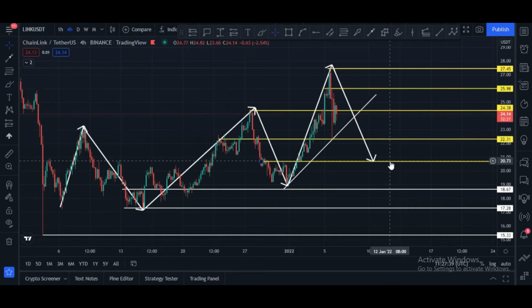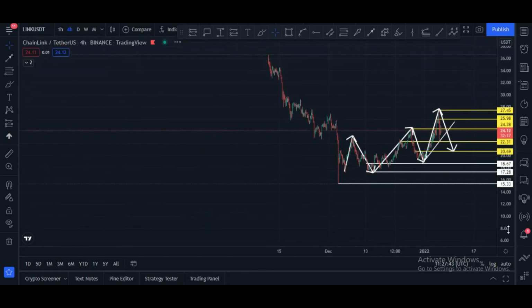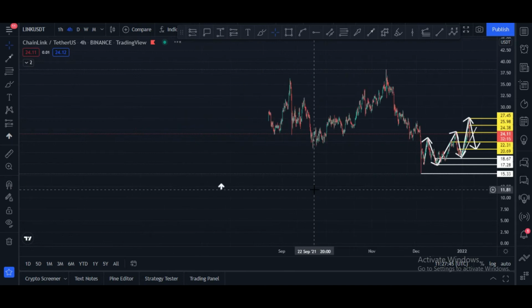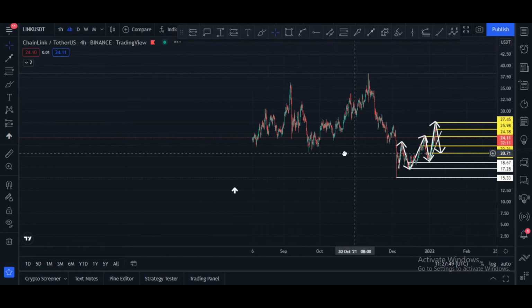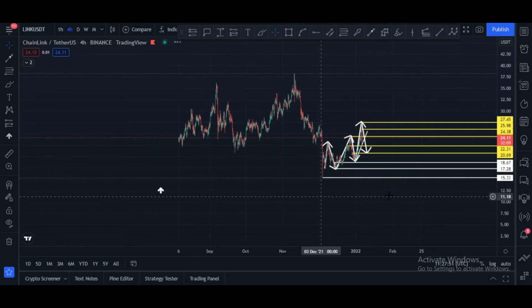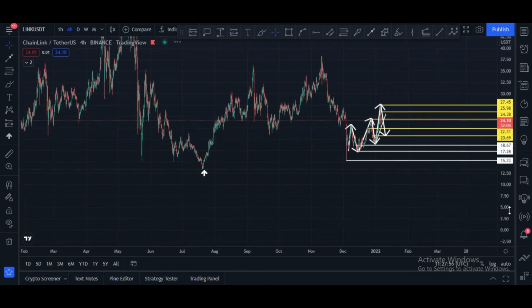levels for trading. For this I have to manage this chart because I want to show you all things very clearly. Let me please do this. Let me please do this.